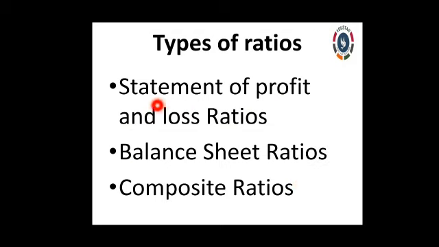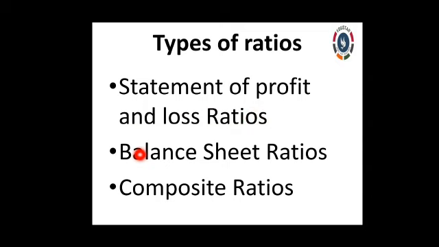So statement of profit and loss ratios means a ratio of two variables that are taken from the profit and loss account. For applying in a formula we need some amounts, right? That amount we have to take from the profit and loss statement. That is called statement of profit and loss ratios.